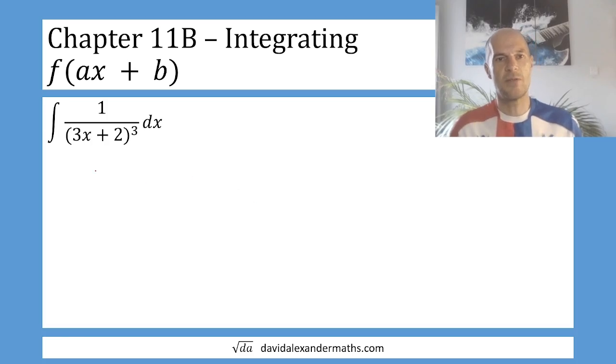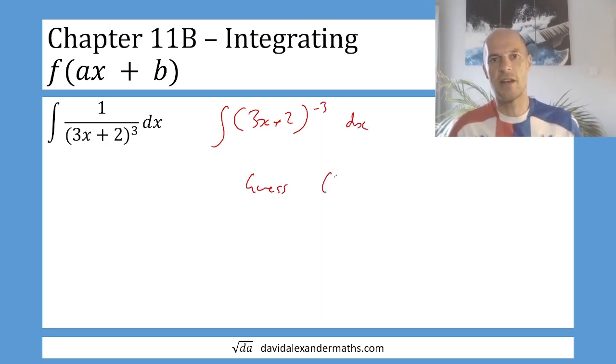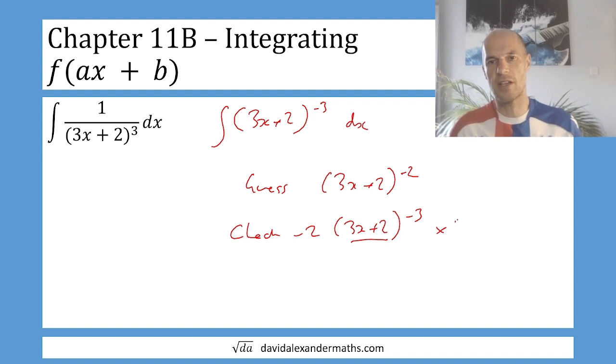Okay, here's another one. First of all, the best thing to do is to rewrite this as the integral of 3x plus 2 to the negative 3 dx. So my guess is going to be 3x plus 2 to the negative 2. Be careful here, it's not minus 4, of course it's minus 2. Let's do a quick check. Power comes down to the front, reduce the power by 1 and multiply by the derivative of what's in the brackets, times 3.